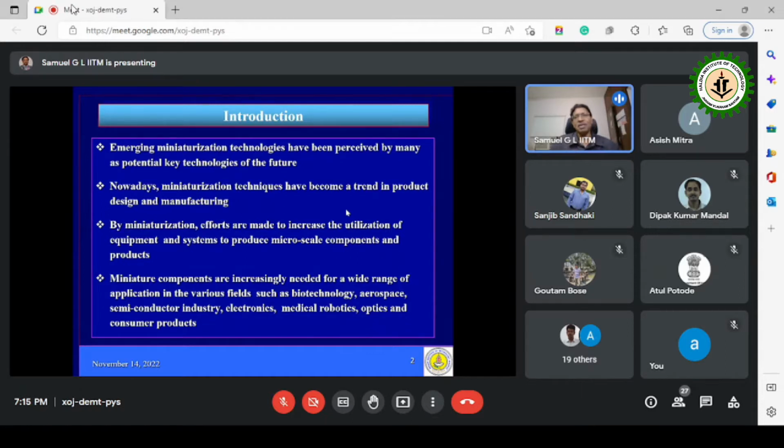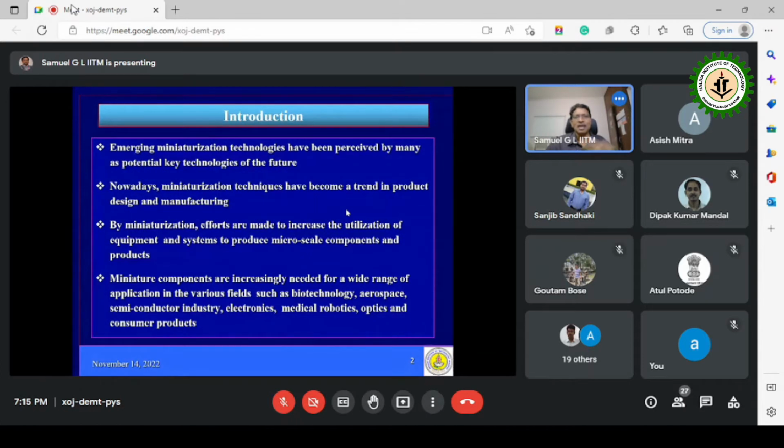One is on making the scale bigger and bigger, but on the other side, it is micro and nano. As for the theme of this conference, we are looking at the micro and nano side of manufacturing and technologies.